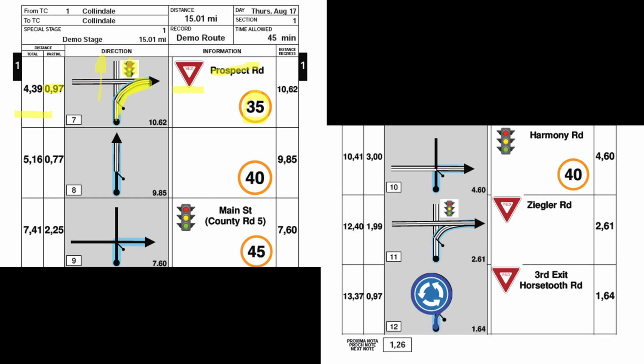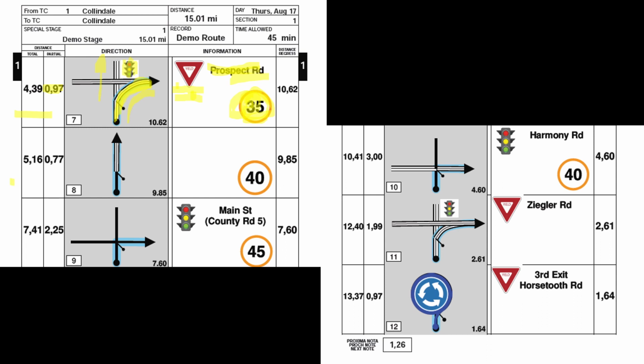You have a dedicated right-hand turn lane with a yield sign. So the way I would read this is dedicated right-hand turn lane at the yield onto Prospect Road, cast 35. So as the driver, you know that you've got a dedicated right-hand turn lane coming up. You're going to look for the yield. You're going to yield onto Prospect Road, and then you're going to change your average speed to 35.